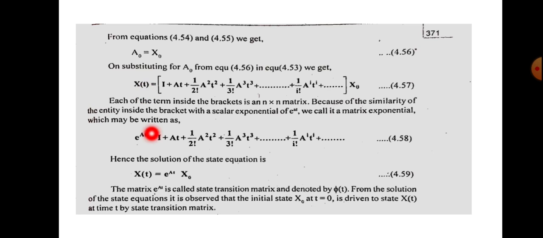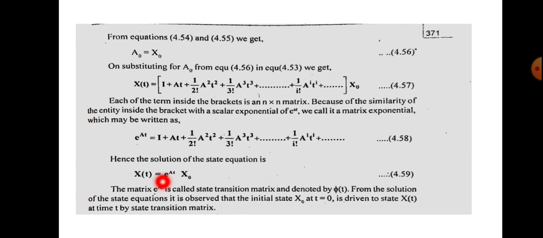So x of t will be equal to e raised to At into x0, where x0 is obtained by x of t at t equal to 0, and e raised to At is called the state transition matrix. So the meaning of this equation is that the matrix e raised to At is called the state transition matrix, which is represented by phi of t.